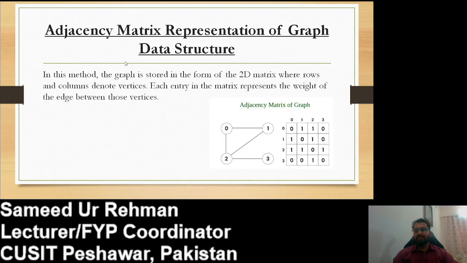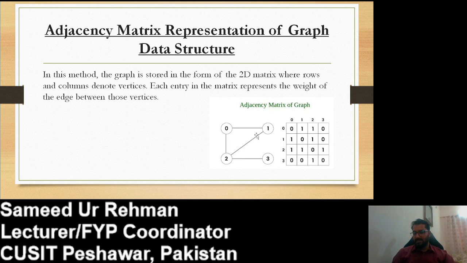The first one is the matrix. As we know, a matrix has rows and columns, so we can represent the graph in terms of a 2D matrix where the rows and columns denote vertices. Each entry in the matrix represents the weight of the edge between those vertices.